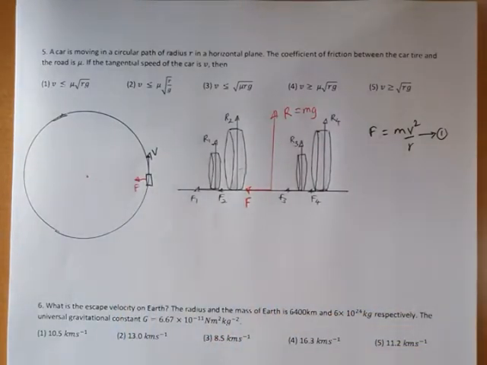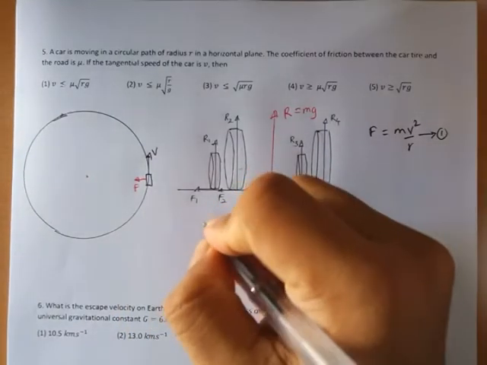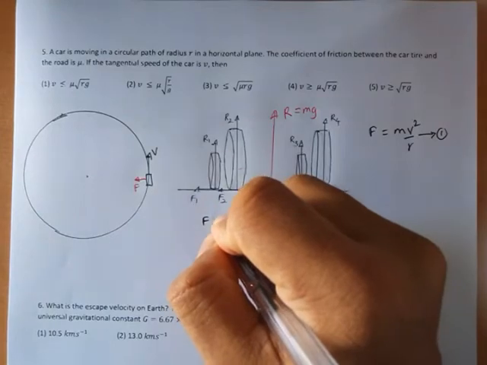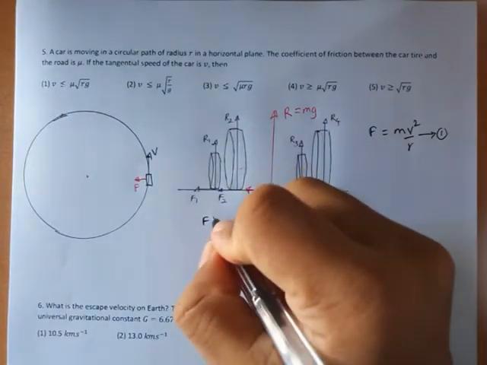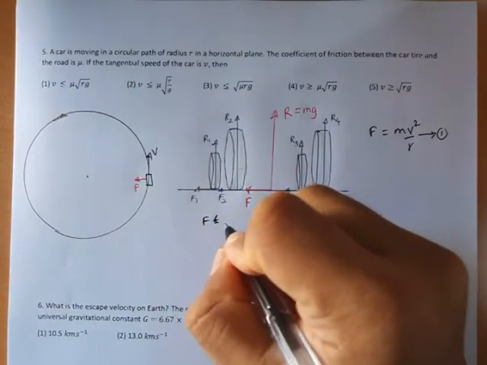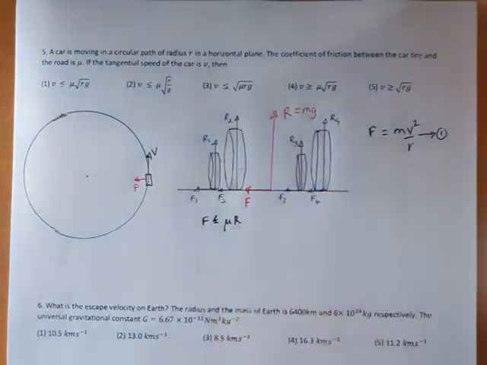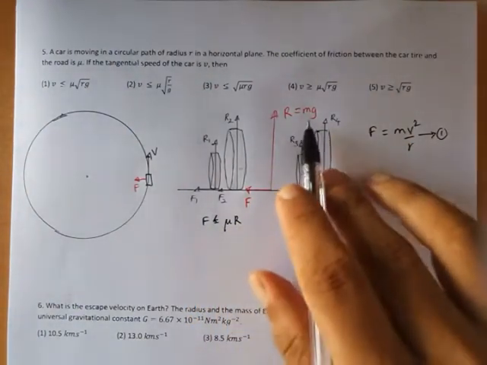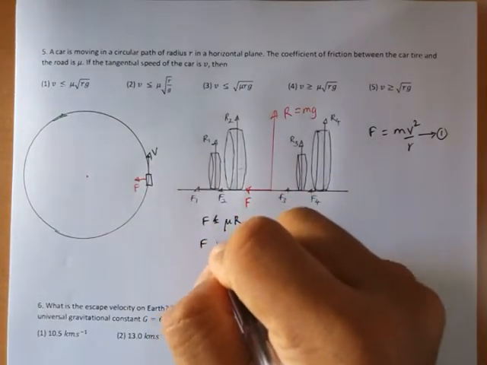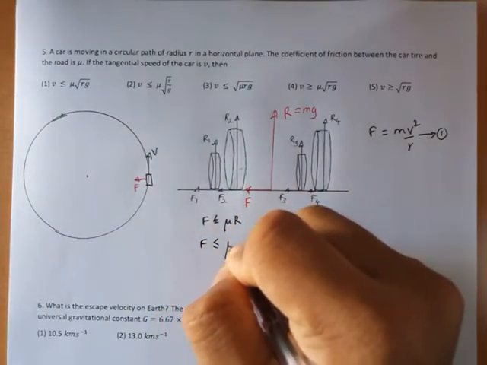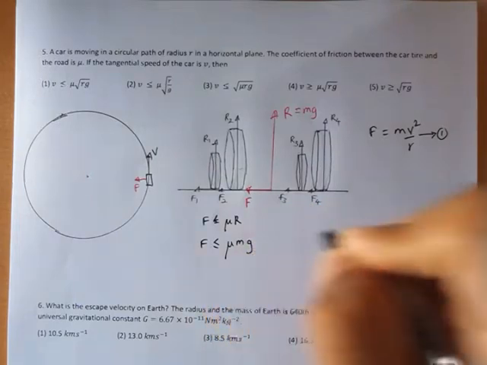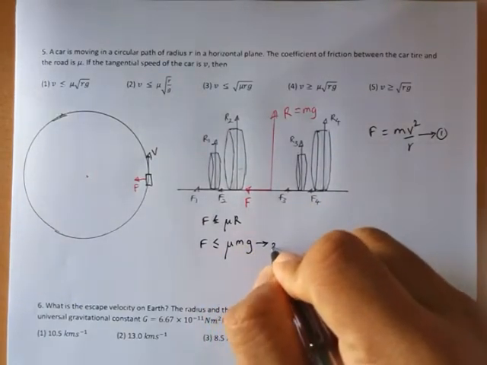So under static friction, F is less than or equal to mu R. R is equal to mg, therefore I can write F is less than or equal to mu mg. This is my equation 2.